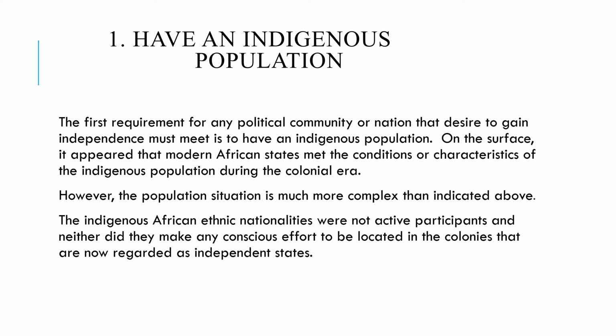However, the population situation is much more complex than indicated above. The indigenous African ethnic nationalities were not active participants, and neither did they make any conscious effort to be located in the colonies that are now regarded as independent states.